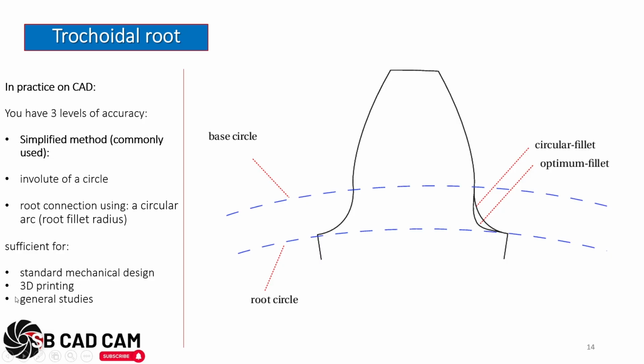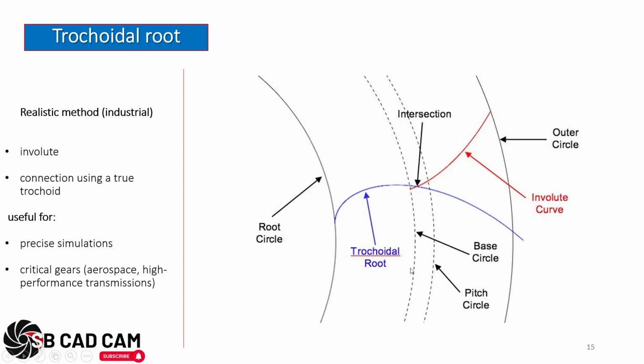For example, if we want to do FEM, then we can use a realistic method. It is an industrial method. So we can do an involute, as I told you, but it is not really an involute and not really precise.